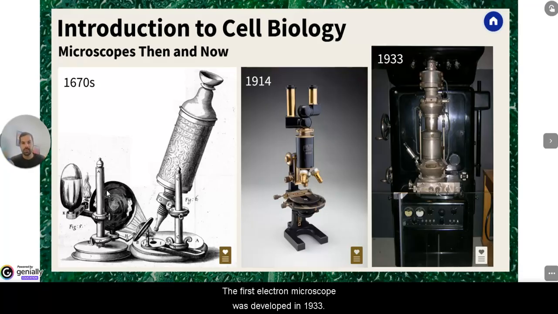The first electron microscope was developed in 1933, or I think this is the first one, correct me on that, but around the early to mid 20th century, you start to see a lot more advancement in electron microscopy, which really allows you to see not just the cells and the rough structures, but a bigger picture of the detail of the macromolecules that they're made up of.